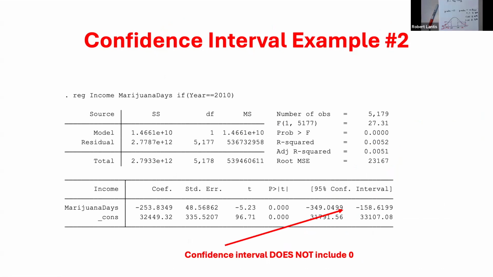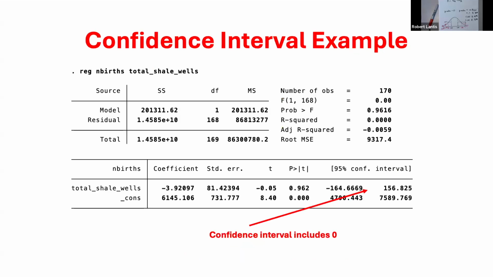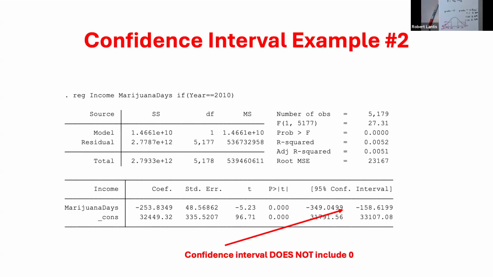So ultimately, if I make the rejection decision to reject or my confidence interval doesn't include 0, I'm saying that I found significant evidence there's a relationship between this x and y variable. If I fail to reject the null, that the relationship is equal to 0, or 0 is included in my confidence interval, I didn't find strong enough evidence to say that there is a relationship. So I have to default to the assumption, which is that there's no relationship. Okay.